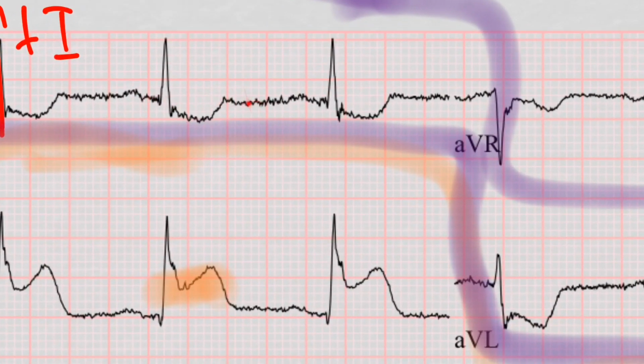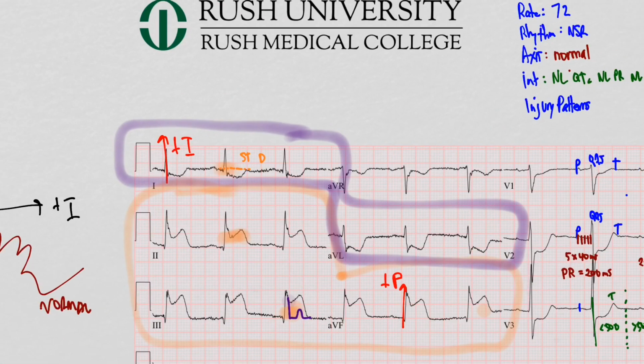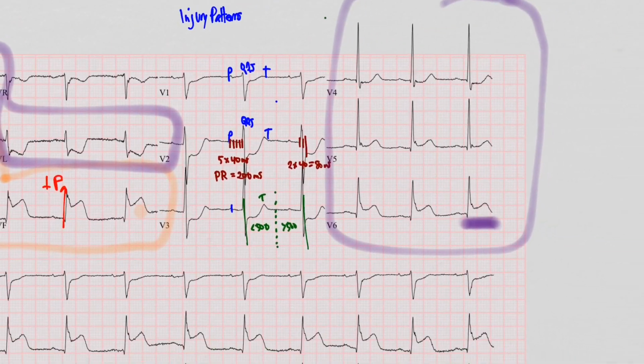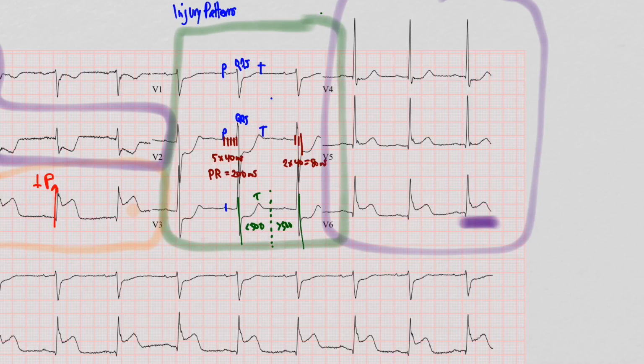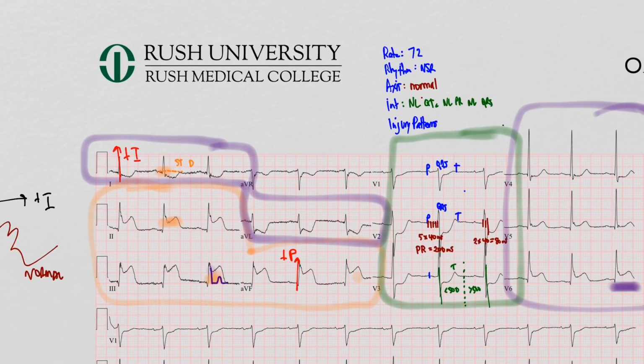We have ST depressions. This is the line, right? If this is the line here, it's below. So ST depressions in the high lateral leads. And then let's look anteroseptal. I think we made that green before, so let's make it green again. Okay, and so that's here. And maybe again some depression starting over there. Let's think about that for a second.